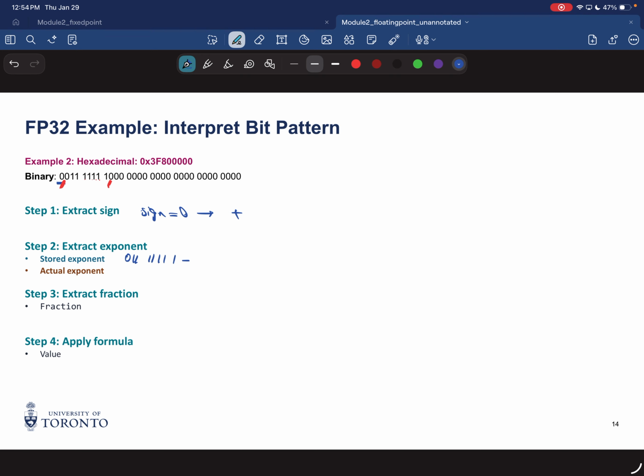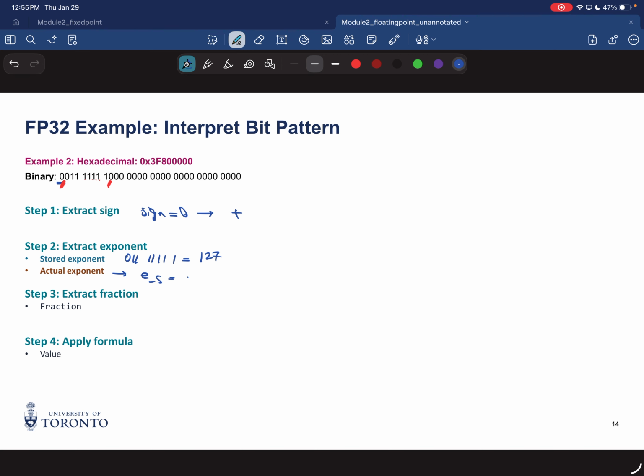What is this? 128 minus 1, right? 127. That's 127. This is our stored one. So what was our actual one?